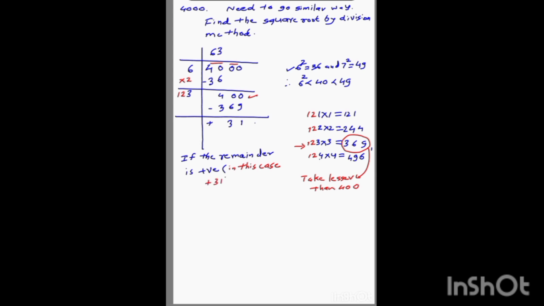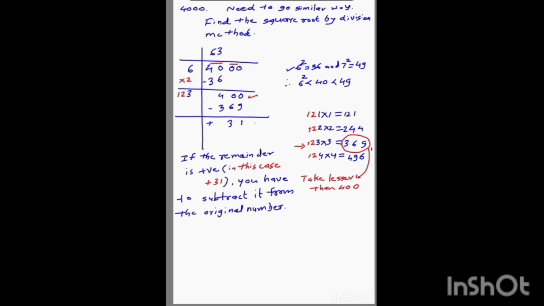Very nice method, very intelligent method. Whoever found it is a very intelligent person. So you have to subtract this 31 from 4000 in order to get a perfect square number. We have also found the square root.